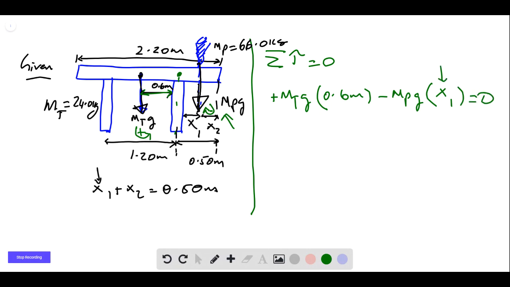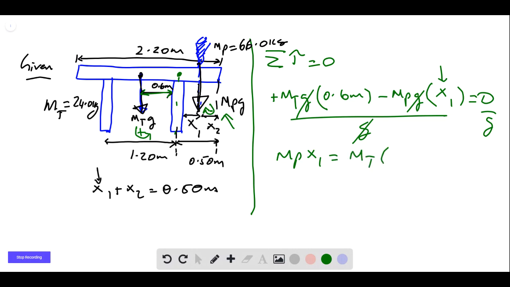So we see that we can divide both sides by g. That way we can cancel the acceleration due to gravity. And so mp x1 equals mt times 0.6 meters. Divide both sides by the mass of the person.